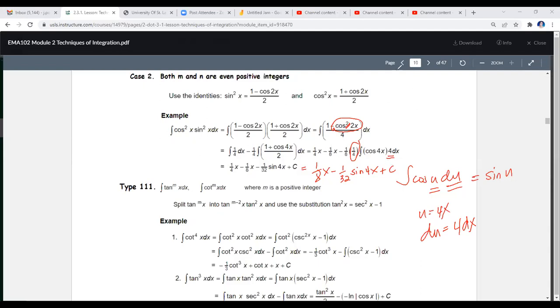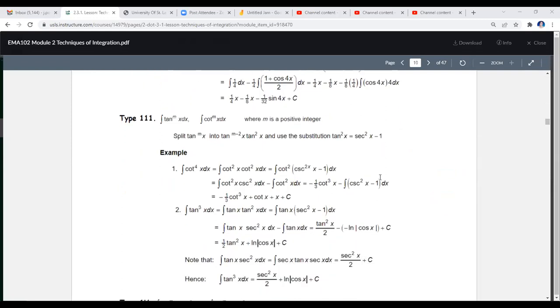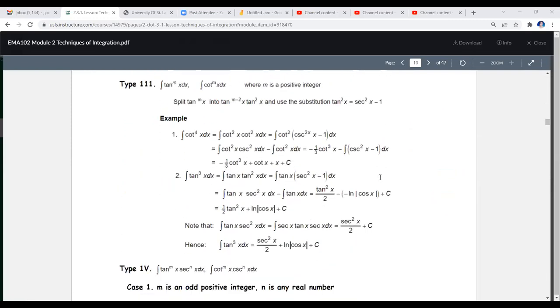Okay, so I will clear my markings here and we'll proceed with type 3. By the way, we have 6 types here under trigonometric transformation. Now, the first 2 types deal with the sine and the cosine function and a combination of such. Type 3 deals with the tangent function or the cotangent function.